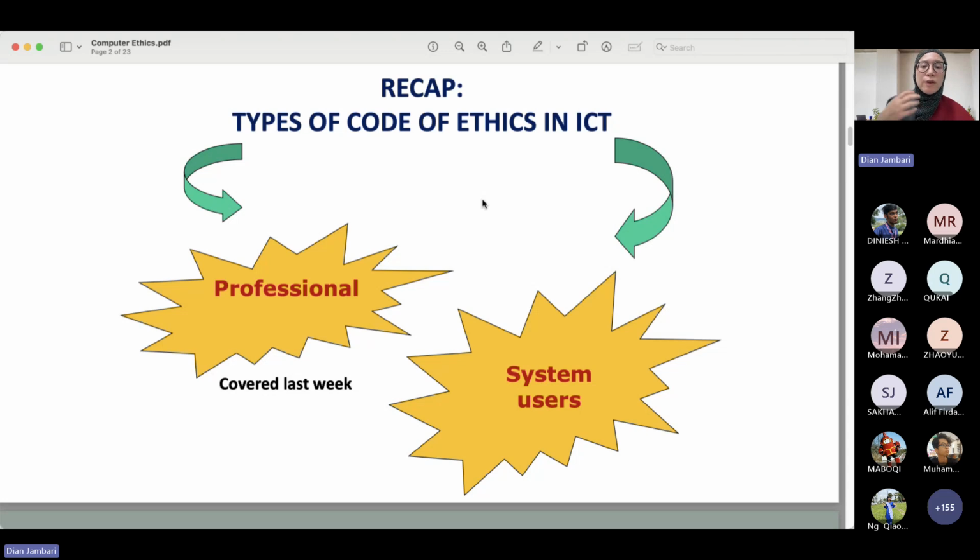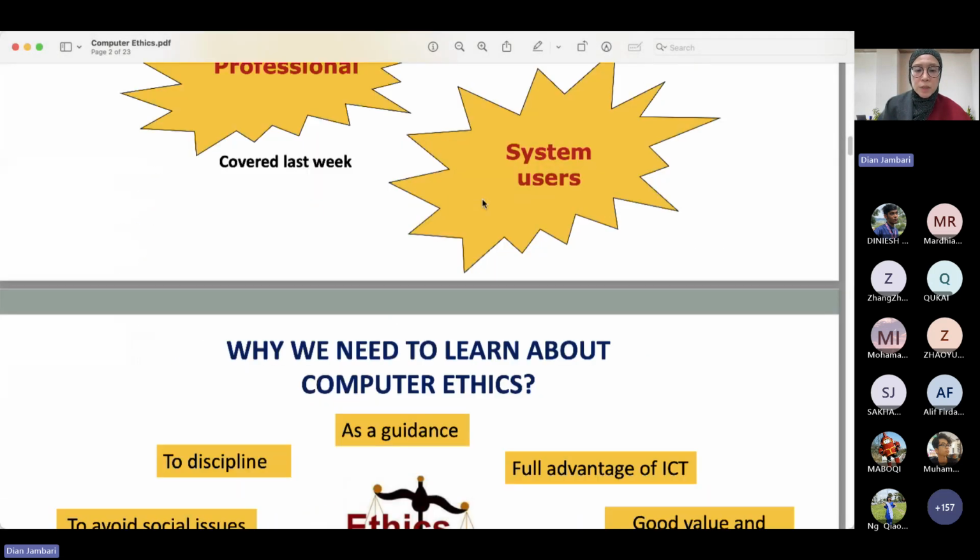The code of ethics we discussed last week covers both professionals and system users, and it is relevant to all of us here because we are in the computing field. Professionally we are IT professionals, but being users of IT, we are also system users.